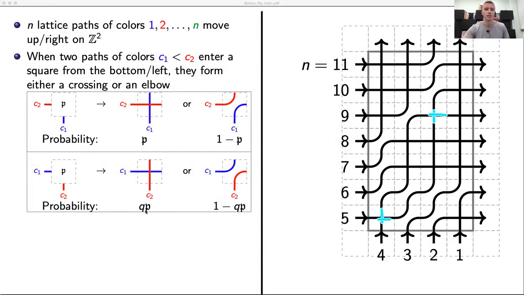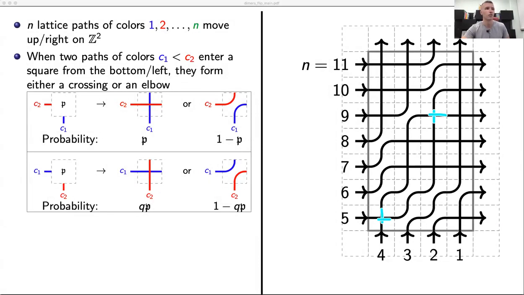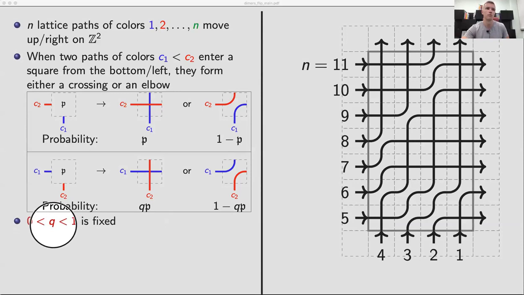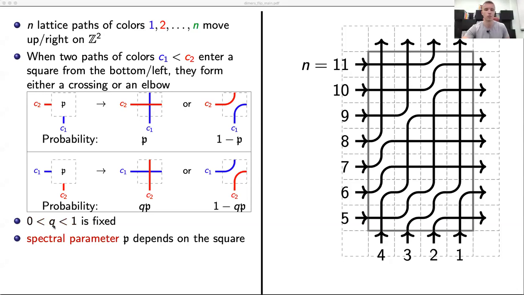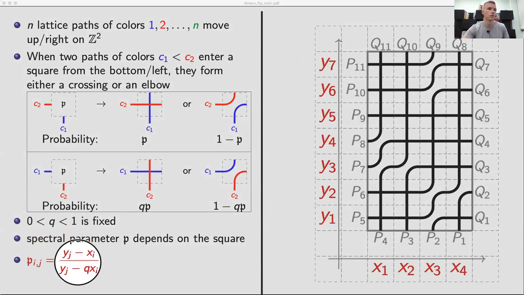Now, I still haven't told you what these Q and P parameters are. So here it goes. Q is just a single parameter that's fixed and the same for all squares. And P is what is called the spectral parameter of each square. It's going to be different for every square. And the formula for P is given here.